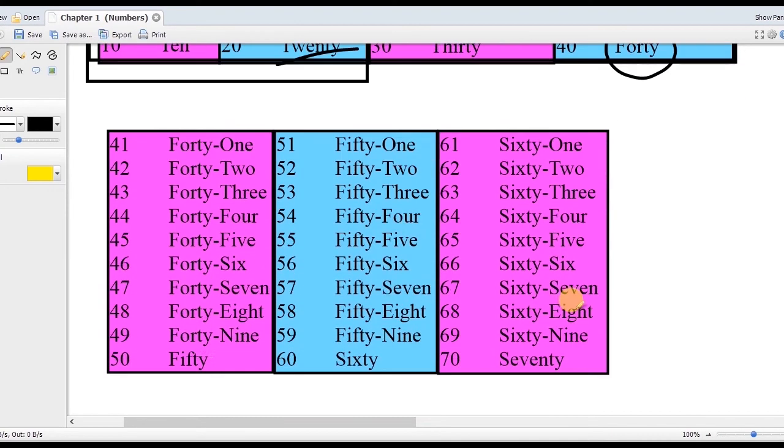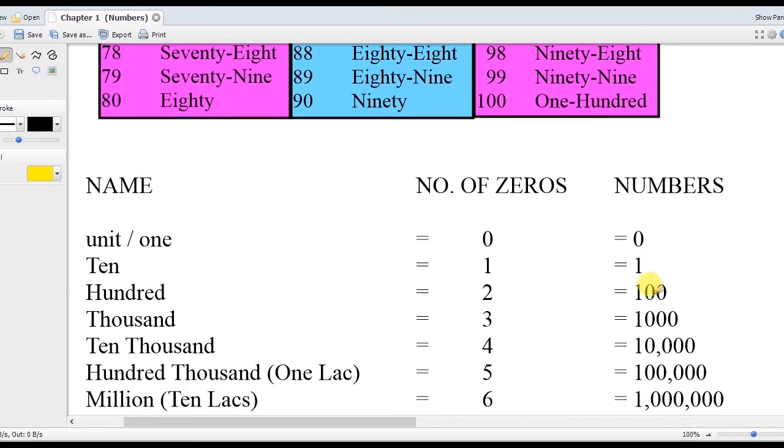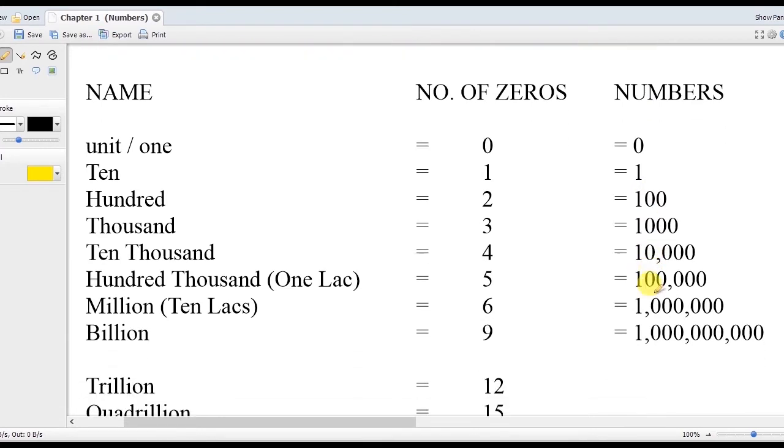Simple. So you can keep on moving 100, 200, 300, 400 till 1000. 1000 is a new number, and we will learn how to write it in numeric form as well as how to spell it. So here is a list of a few numbers that will help you learn their numeric forms as well as their spellings.